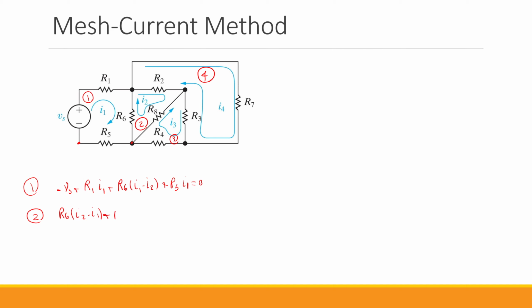So we have R2 multiplied by I2 minus I4. And now we get to R8. For R8, we have I2 going from the top right to the bottom left, and I3 goes in the opposite direction. So again, we use a negative sign. So we have I2 minus I3 equals 0.